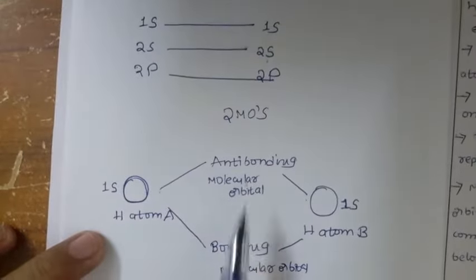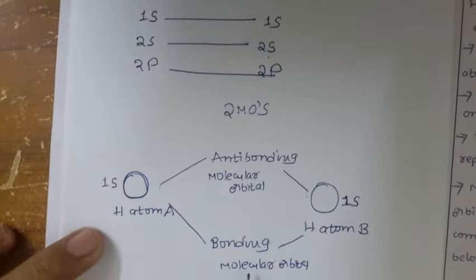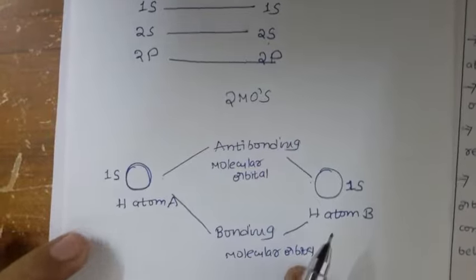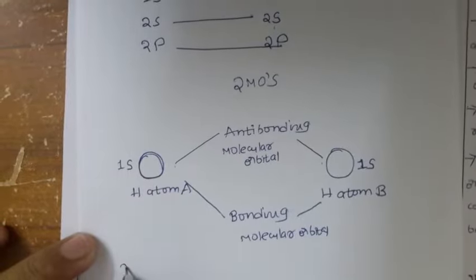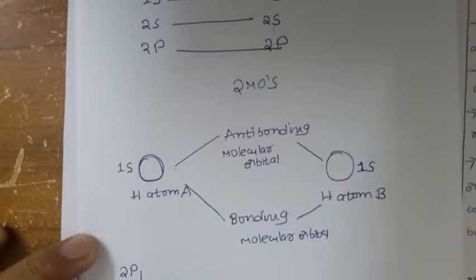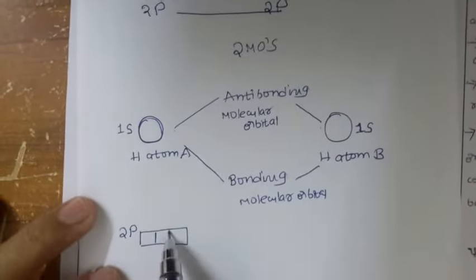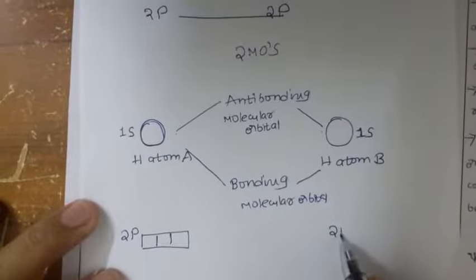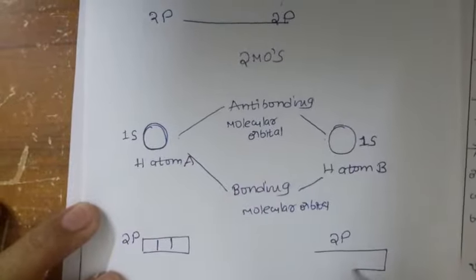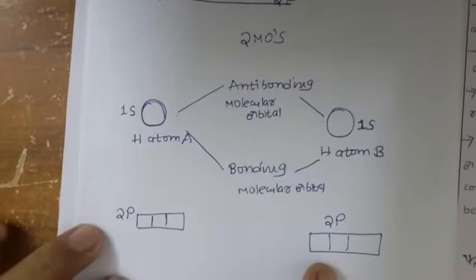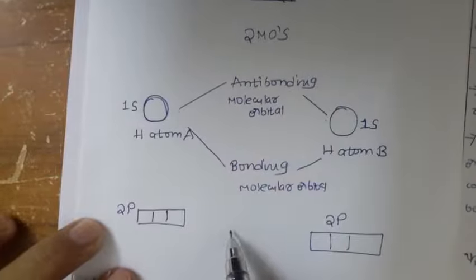You are getting a total of 2 molecular orbitals: one is the anti-bonding molecular orbital and the other is the bonding molecular orbital. For example, if you take 2p, we have 3 orbitals. From 3 plus 3, we get a total of 6 molecular orbitals.